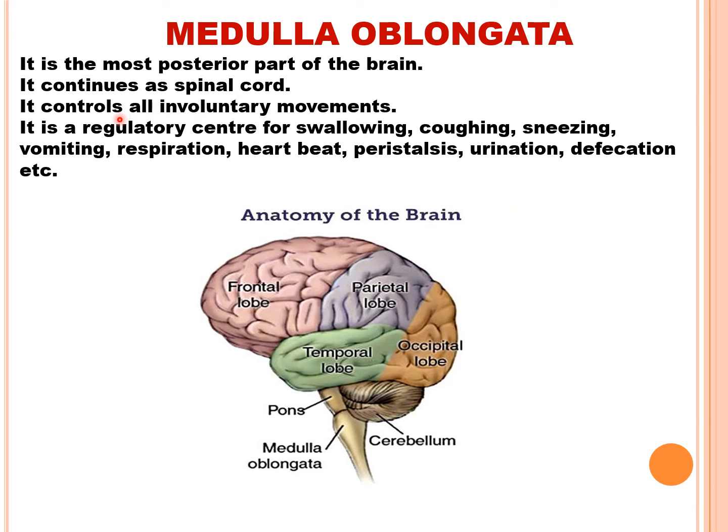So, medulla oblongata is the regulatory center for many activities like swallowing, coughing, sneezing, vomiting, respiration, heartbeat, peristalsis, urination, defecation, yawning, hiccuping, secretion by the glands, etc. Injury to medulla oblongata results in sudden death of an individual.